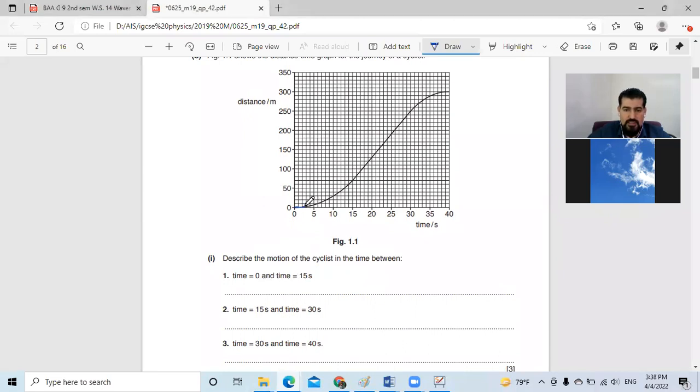As you can see here, it's curved, and the gradient becomes faster. Yes, thank you, Anas, thank you, Muhammad, thank you, Marwan. Because it's curved, that means the gradient is increasing.